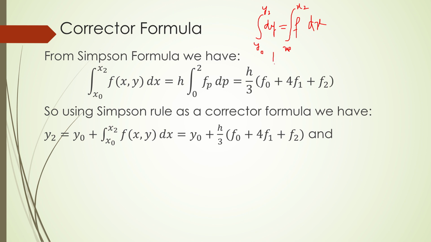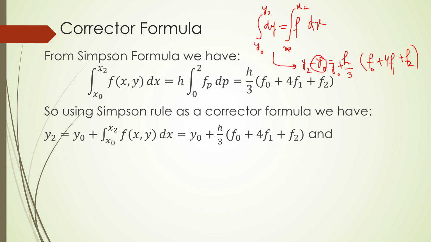The left side will simply give you y2 minus y naught, whereas the right side, integrating all these things, we get h by 3, which is the Simpson concept. So h by 3 times (f naught plus 4 times f1 plus f2), and then we simply take y naught to the right side to give y2 equal to y naught plus h by 3, and so on.